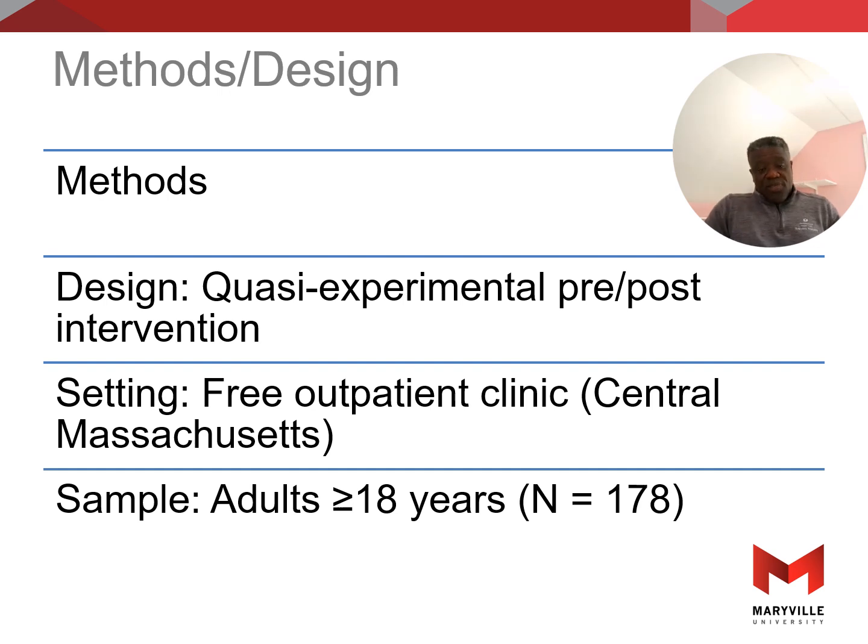The method used for the project was a quasi-experimental pre- and post-intervention design. The setting was a free outpatient clinic in central Massachusetts. The sample was adults greater than or equal to 18 years old, and the total was 178 patients.